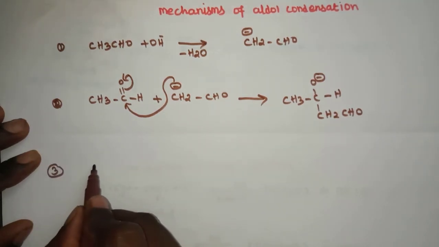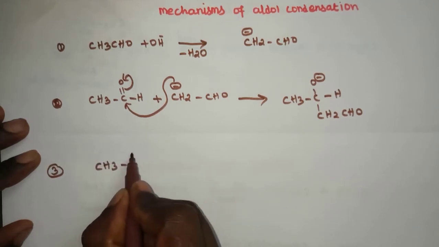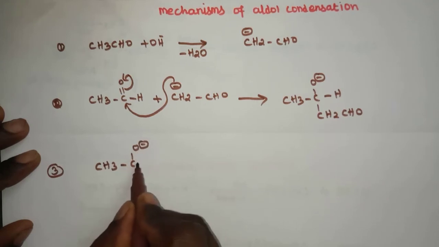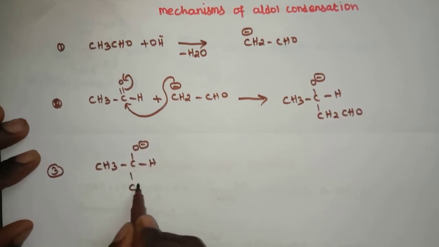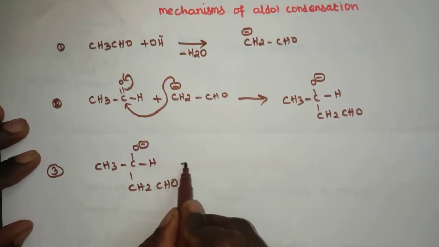This alkoxide ion, CH3 C O minus H CH2CHO. This is an alkoxide ion.